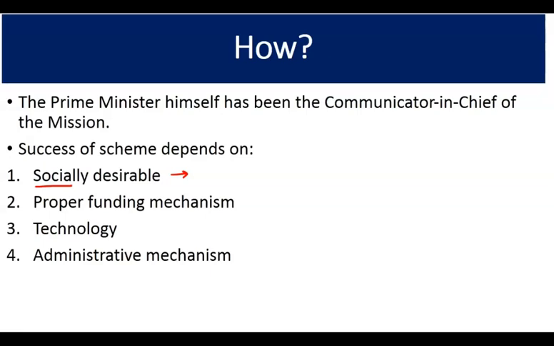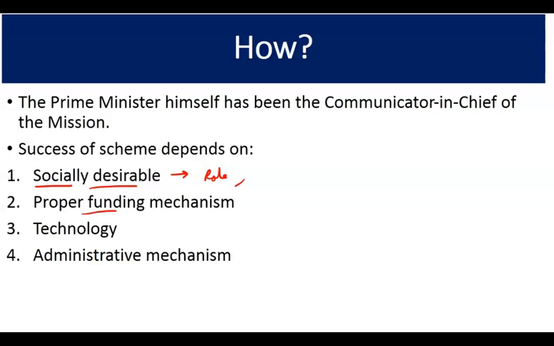Secondly, the Prime Minister himself became communicator in chief and involved famous personalities from each sector who acted as role models. So all this made the scheme socially desirable and people participated fully in it. The volunteers have been known as Swachhagrahis, and the concept of sanitation was linked to human values and dignity. That's why community participation became huge, and it also led to behavior change.